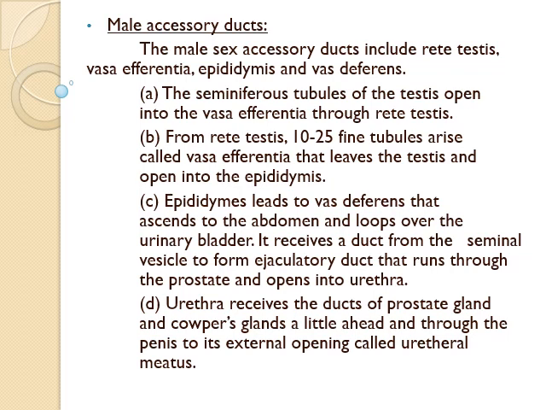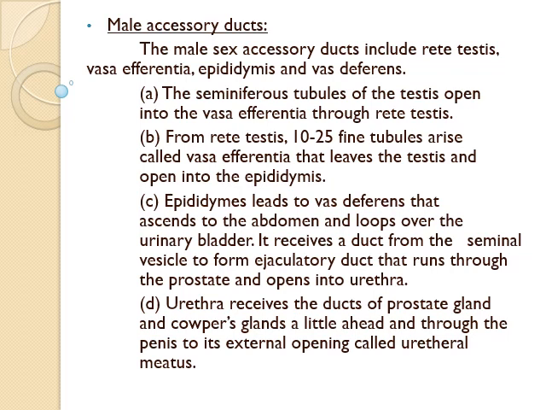Epididymis leads to vas deferens that runs up to the abdomen and loops over the urinary bladder. It receives a duct from the seminal vesicle, that is one of the glands, to form an ejaculatory duct, that is a paired structure.